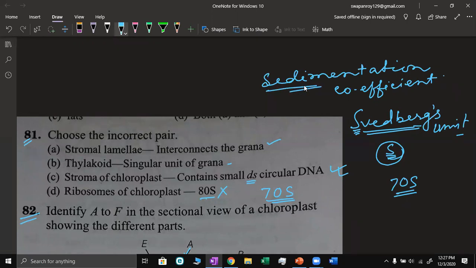It is called the sedimentation coefficient: how fast a molecule or an organelle or a substance sediments in ultracentrifugation.